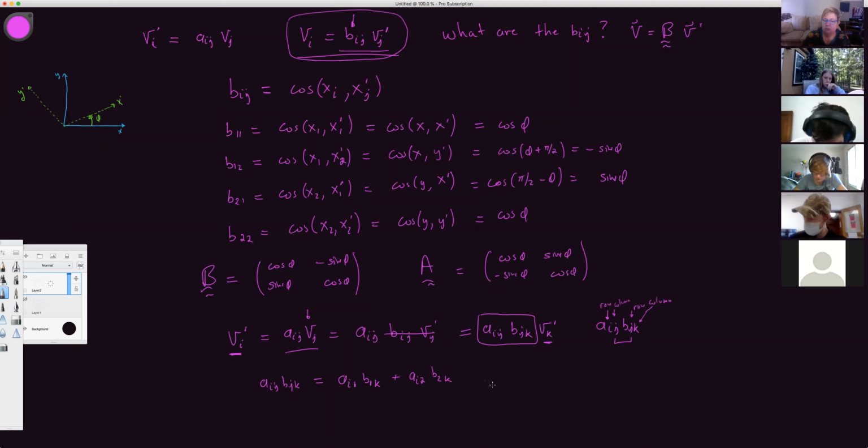Right? So let's just choose them. So I'm going to choose i equal 1 and k equal 1. And so now my sum is A11, B11 plus A12, B21. Right? So let's look at our A and B matrices.